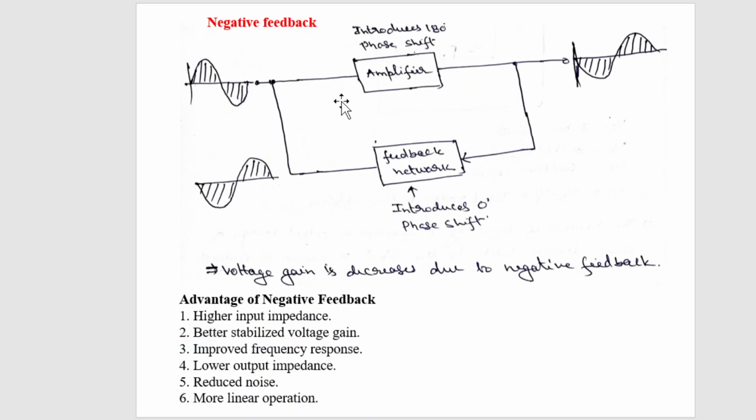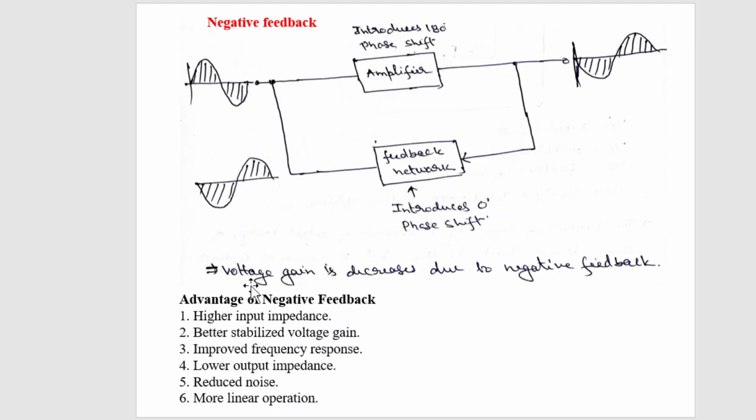And if they are in opposite phase, that is called negative feedback. In negative feedback, we have learned that the input impedance is very high and voltage gain is reduced. So that is the idea of today's class.